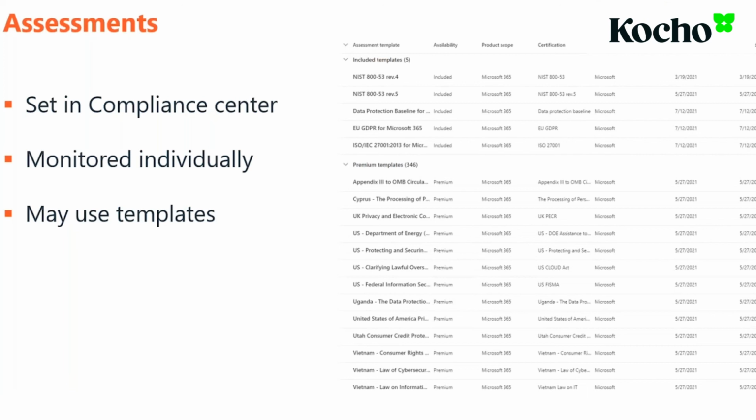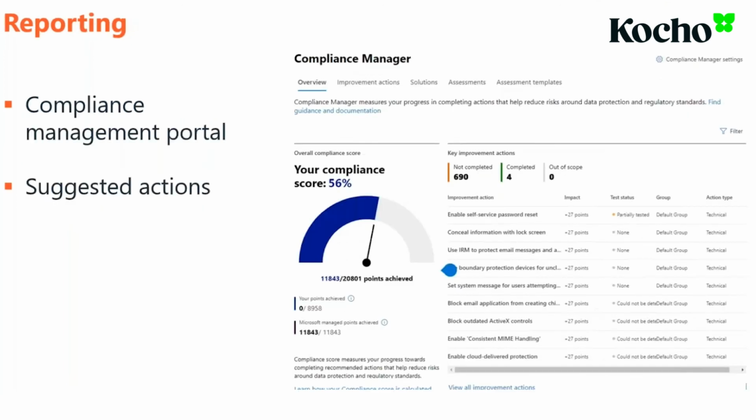Once you've actually got to that stage, then you can start to see how compliant you are. And the compliance score is achieved in a similar way to the secure score. So it's monitoring your current status against best practice as understood by M365. And that compliance score is then visible, and you can report on that as part of your annual regime of reporting back to the people who are monitoring you and auditing you.